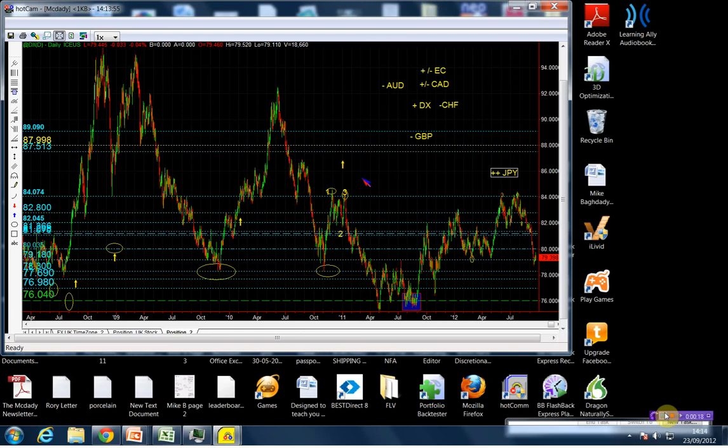We want to be looking at the dollar, so we can look at going short the Aussie dollar. We can look at shorting the pound dollar, and then we can take a look at the dollar CAD, and we're going to see how it works.